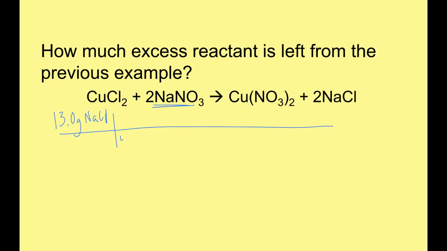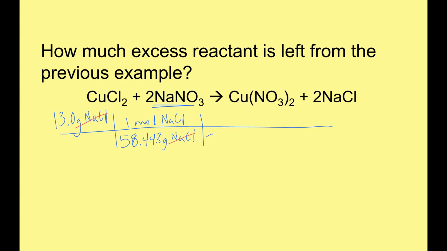Our excess, or our sodium nitrate's mass, is from the periodic table 58.443 grams NaCl, and that's equivalent to 1 mole NaCl. At this point, our units cancel, and we are concerned about mole ratio.